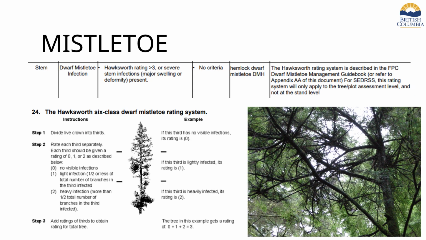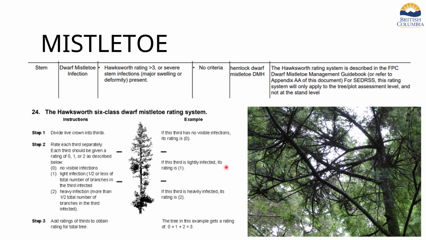Before I move on, I quickly want to cover the Hawksworth rating system because you need to use it to assess the layer 1 trees. So you can find these instructions and this graphic in the FS 660. Basically, you divide the live crown of an infected tree into thirds. For each third, you give it a point value based on the abundance of infections from 0 to 2. So if there's 0, no visible infections, the section receives 0 points.